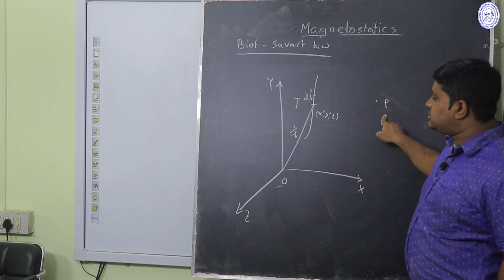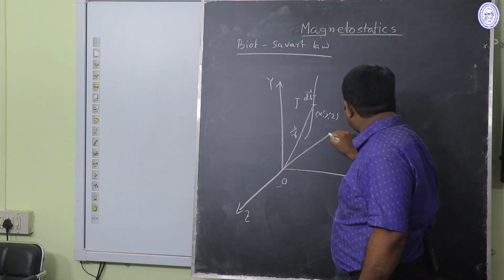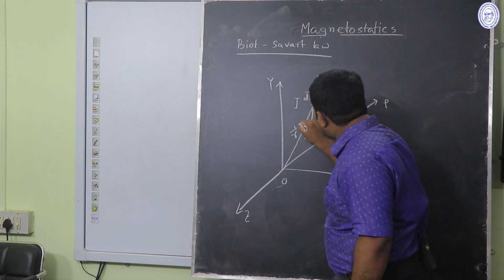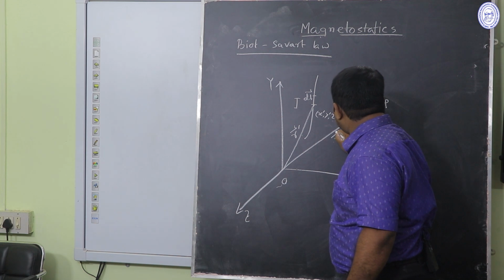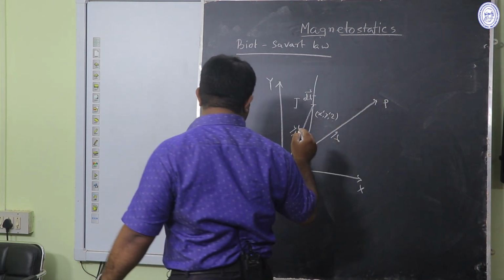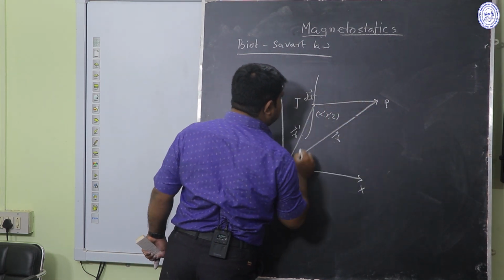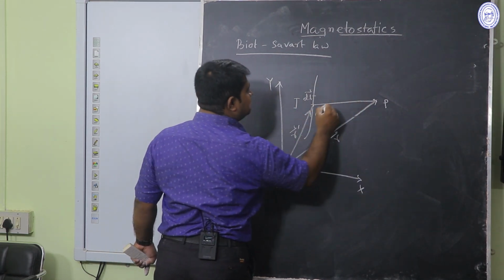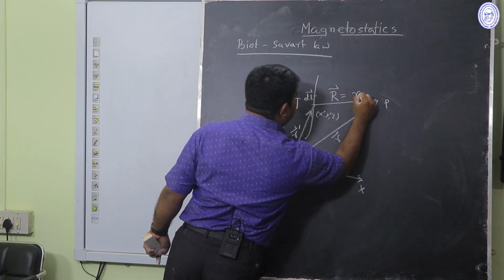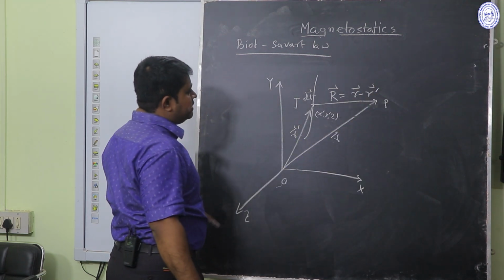The position vector of the point P with respect to origin is r, and the position vector of the point with respect to the elementary length dl, that is capital R, is equal to r minus r prime according to the vector triangle law.